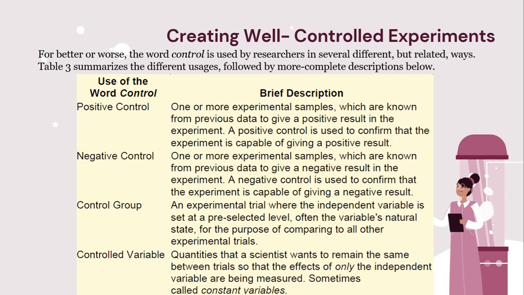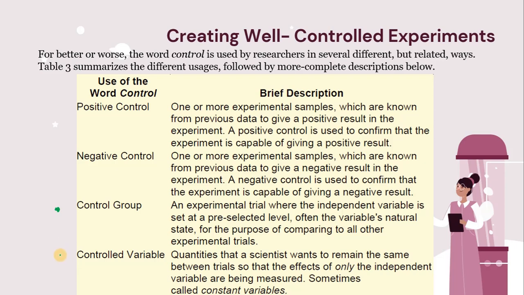When we say control group, okay, it's an experimental trial where the independent variable is set at a pre-selected level, often the variable's natural state, for the purpose of comparing to all other experimental trials. So, that group muna siya ang imong gibutang para makumpara nimo sa imong experimental trials. Understood?